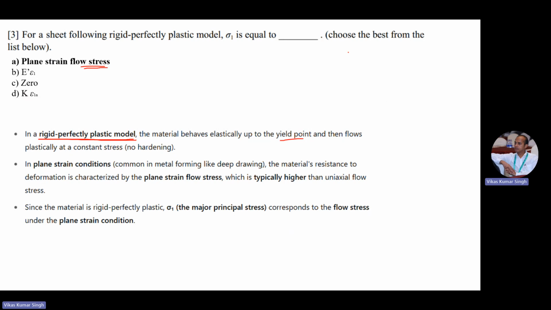What does it mean? Suppose you have a stress-strain curve here, with sigma and epsilon. Up to the yield point this is linear, and after that it is constant. This is the plastic line, and this is the yield stress.